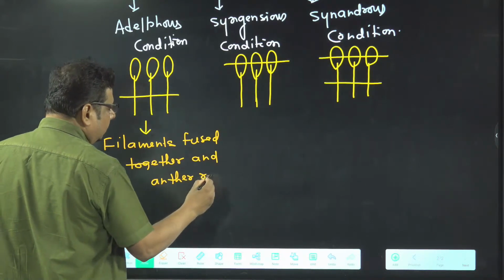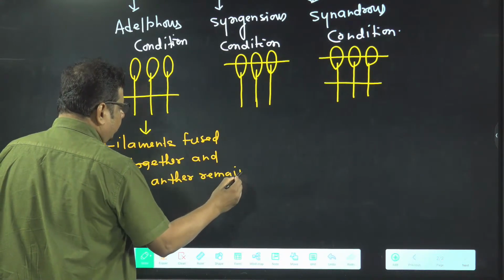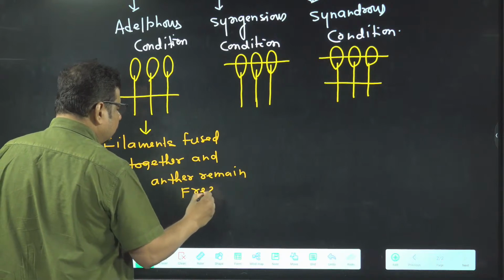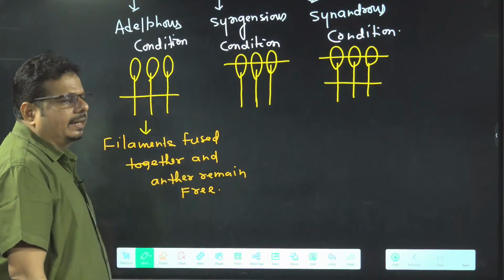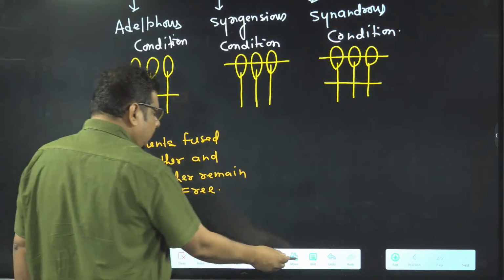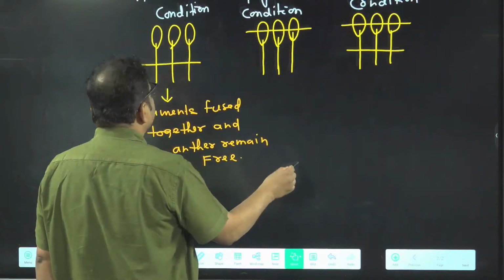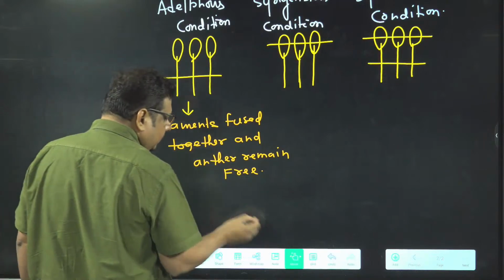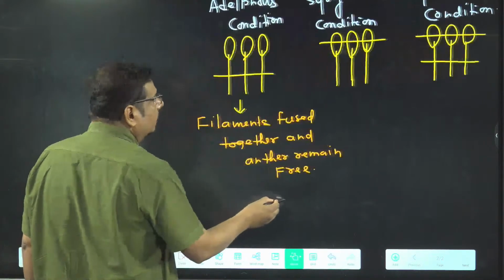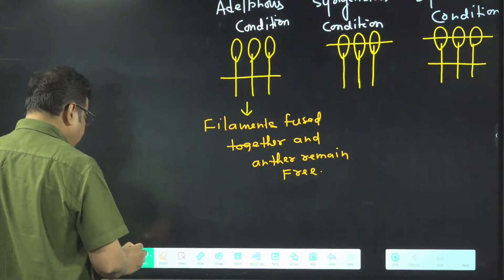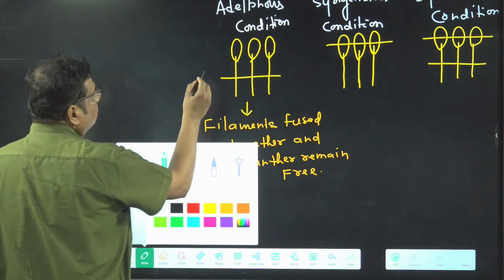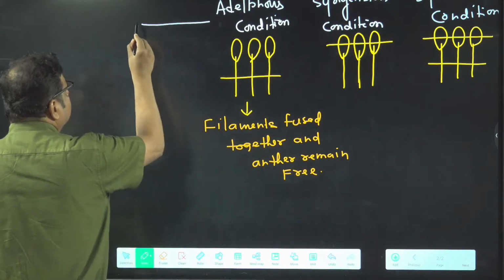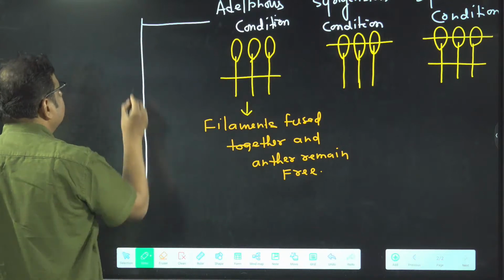That particular condition we are saying Adelphous condition. Is it clear? Now Adelphous condition is further classified based on how many bundles they are forming. So I am writing about the classification of Adelphous condition.